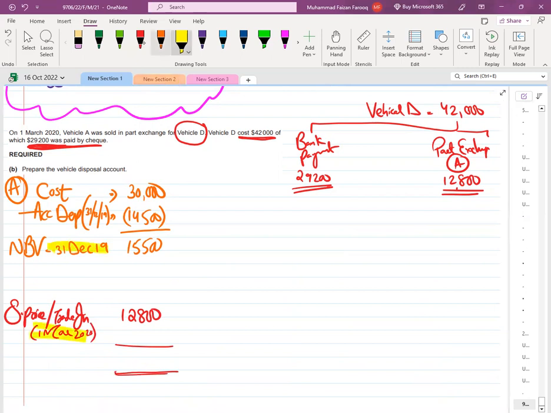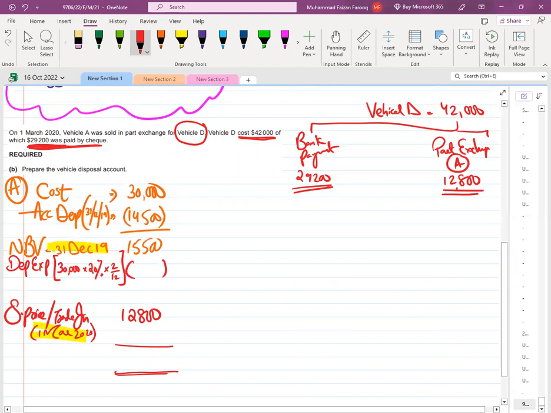It's not correct. So we have to compute depreciation expense for a further how many months? January, February, 2 months, right? The method is straight line, and the percentage is 20%. So for 2 months, how much? 1,000.